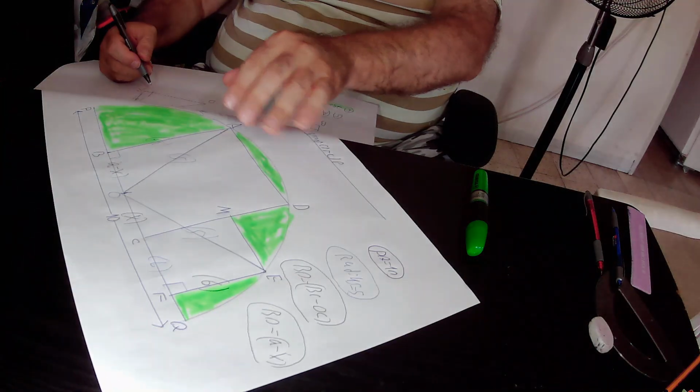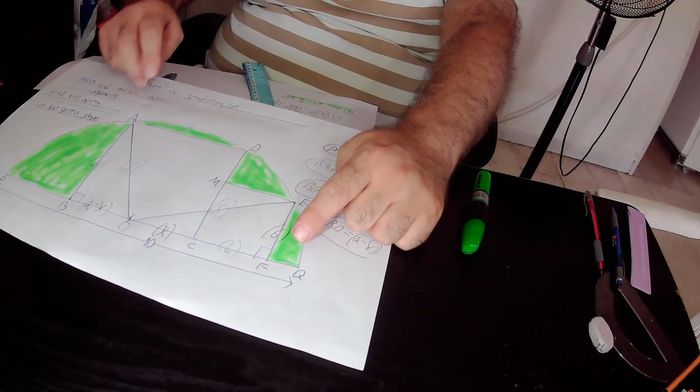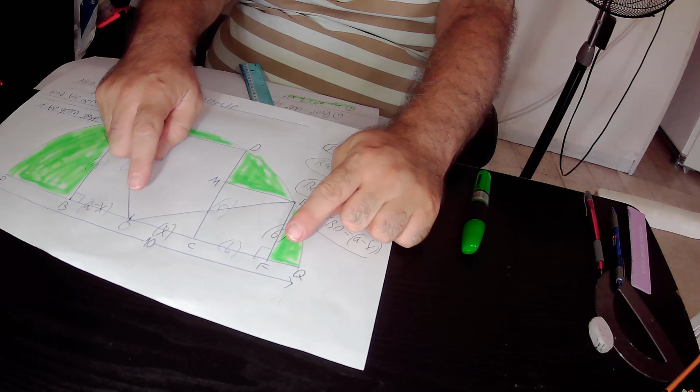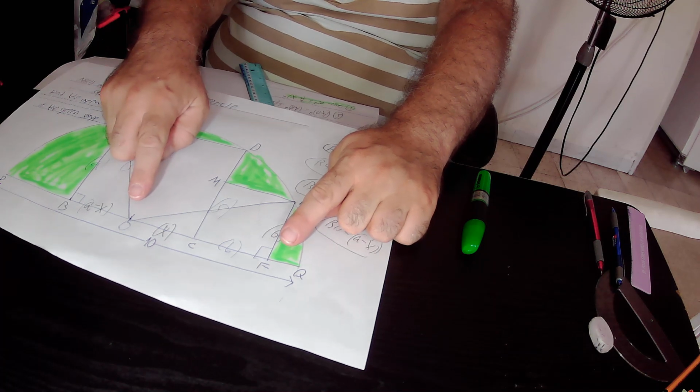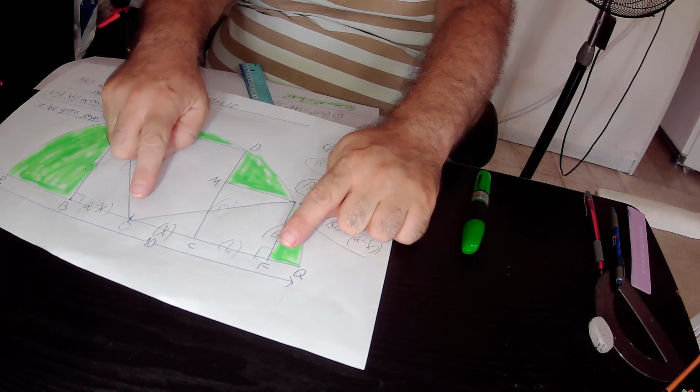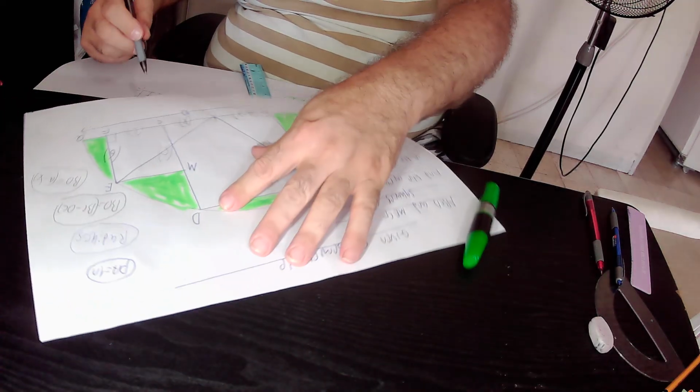What is the length of side OF for the right triangle OEF? OF in total equals X plus B. Okay, OF equals X plus B, let's see its length.